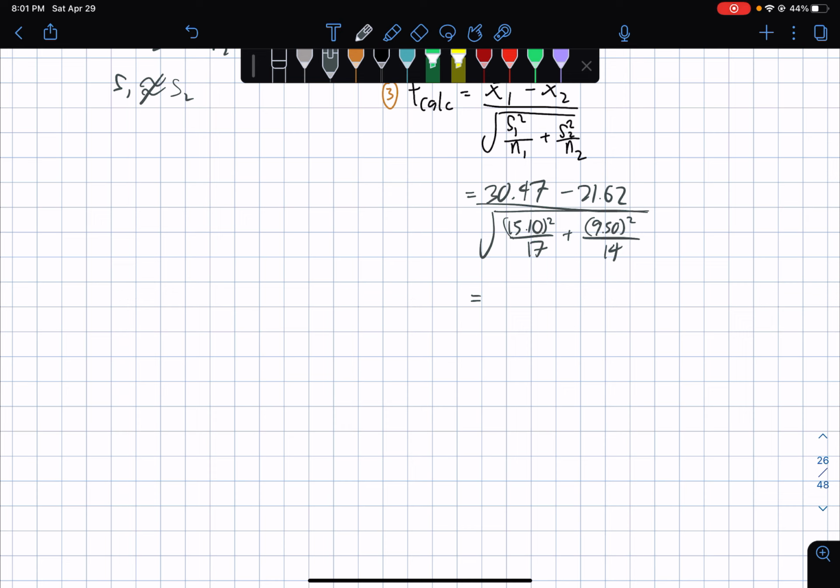We get something like this. What is it in the calculator? 30.47 minus 21.62 over the square root of 15.10 raised to 2 over 17 plus 9.50 raised to 2 over 14. We get 1.986.